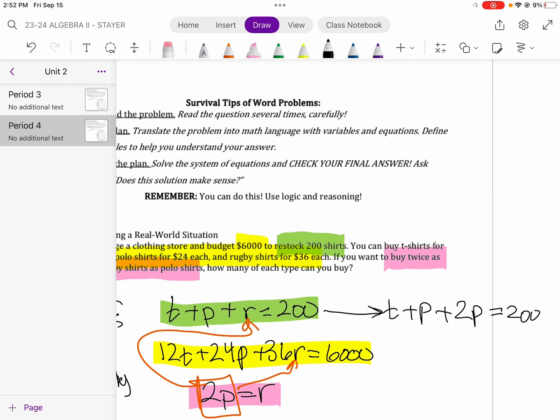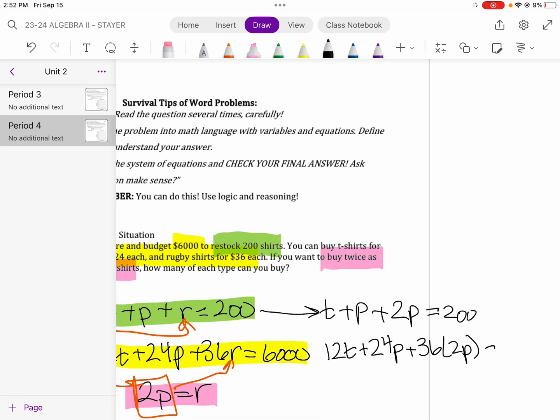That's this one right here. Instead of saying R, I'm saying 2P. Instead of it saying 12T plus 24P plus 36R, it's plus 36 times 2P equals 6,000.